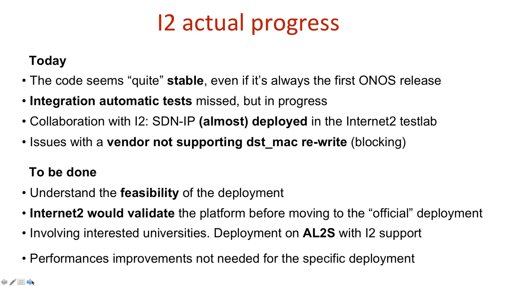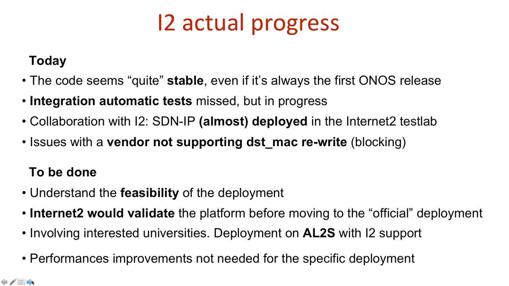So there's a collaboration, of course, to make this deployment happen. There's an active collaboration with the Internet2 NOC. And the idea here is that we have two deployments. The first one is to validate our software, and is happening now on a remote test lab run by Internet2.